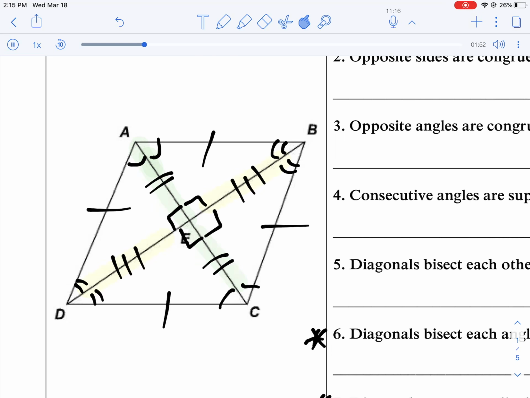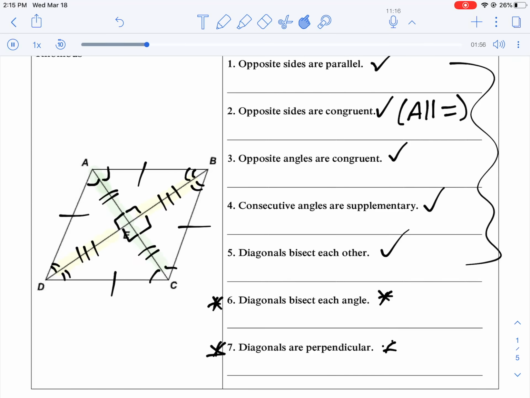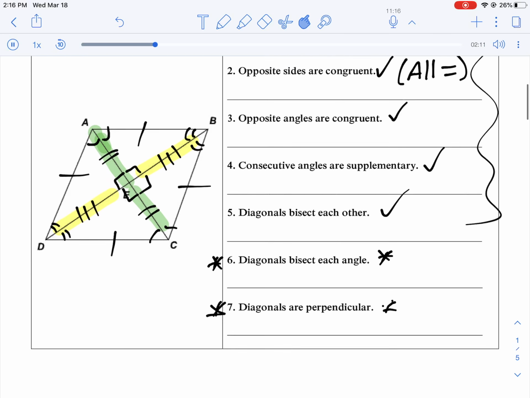Diagonals are not congruent in a rhombus, so this segment here is congruent to this one, and the other 2 segments are congruent, but they're not all congruent like the rectangle, so it's a little bit different. Okay, so that's the rhombus.